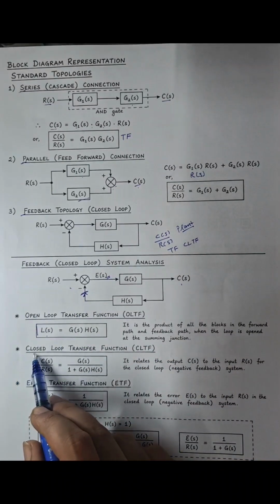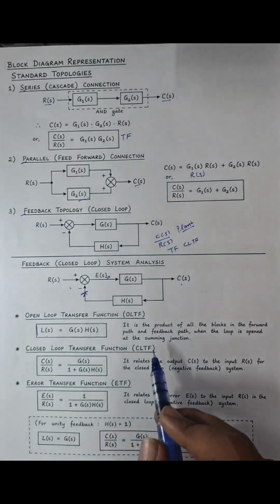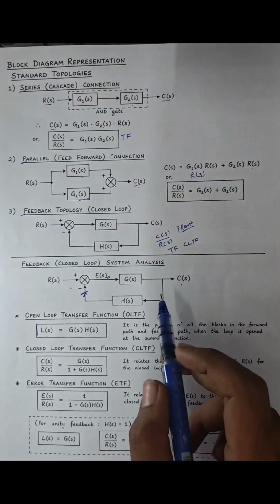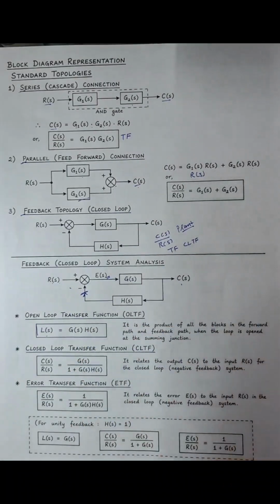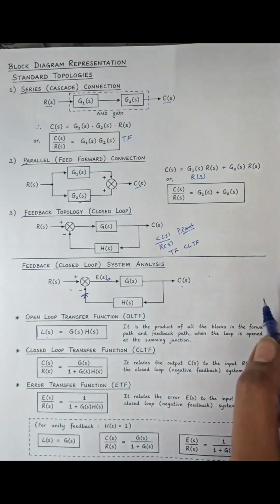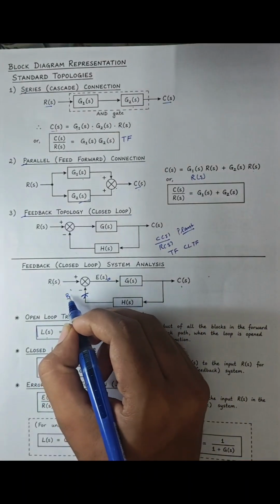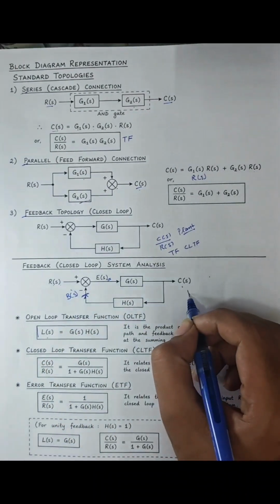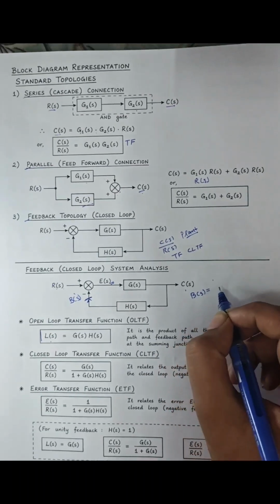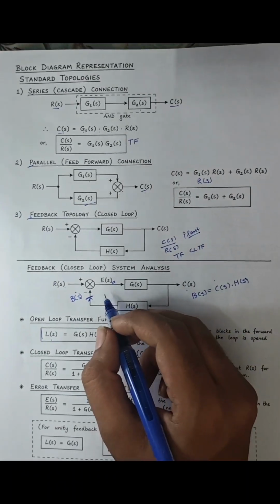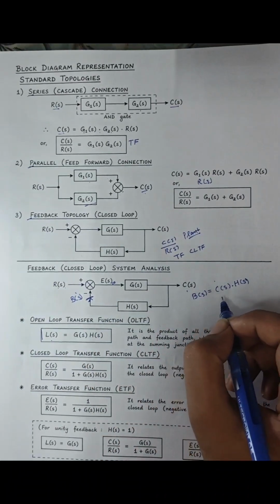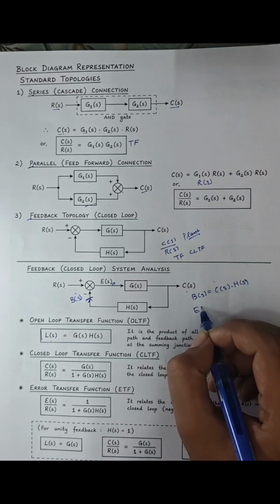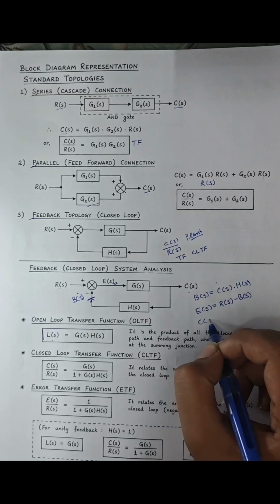Now, what is the closed loop transfer function? The closed loop transfer function is nothing but the C(s) by R(s) ratio. We can also calculate this: B(s) will go here, B(s) equals this, E(s), now C(s).